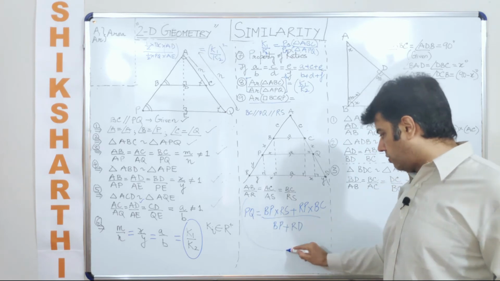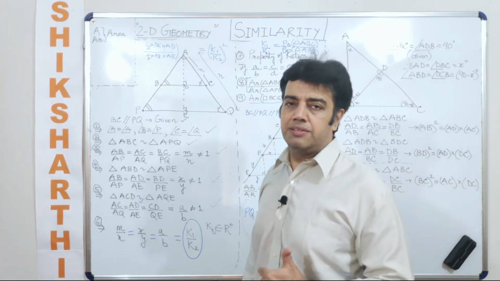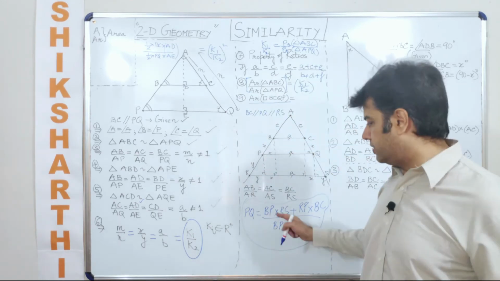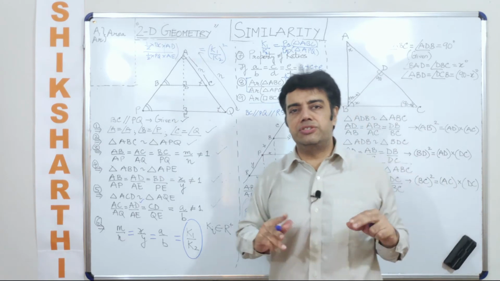This reminds me of a formula in mixtures and allegations. I'm just trying to give you a hint. So I can combine this discussion of geometry with mixtures and allegations as well.